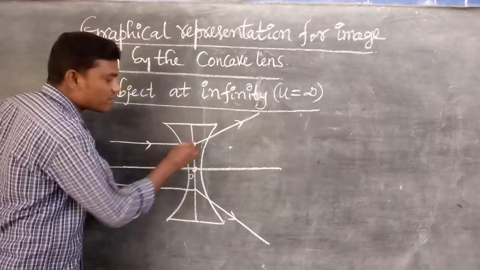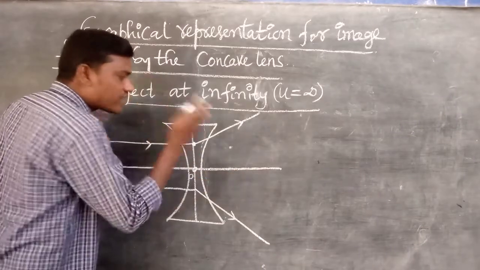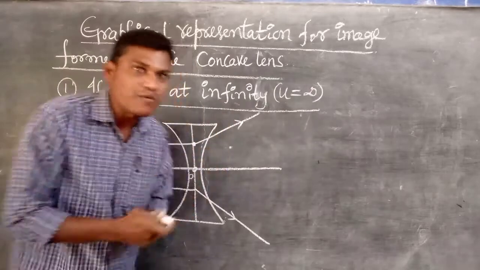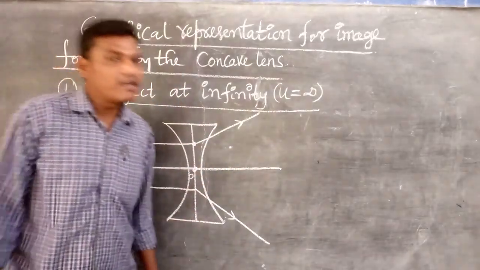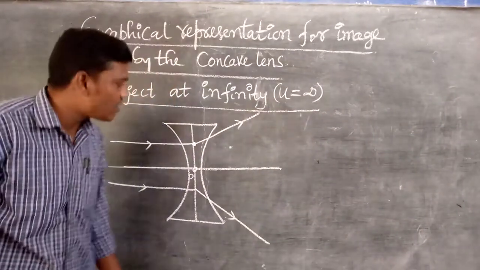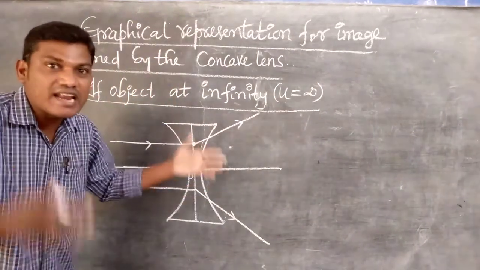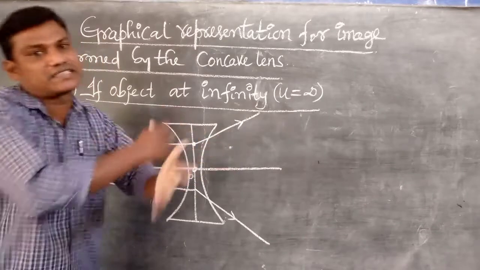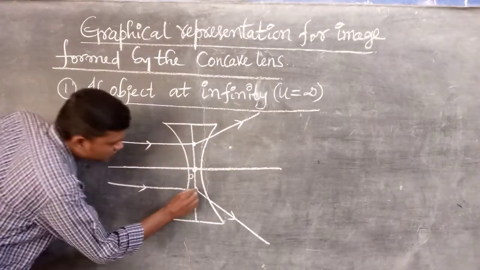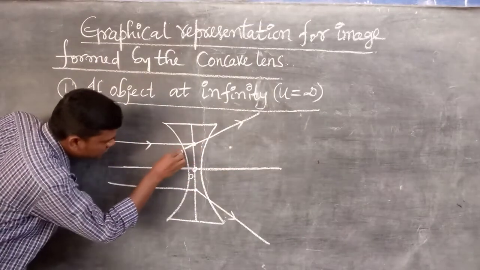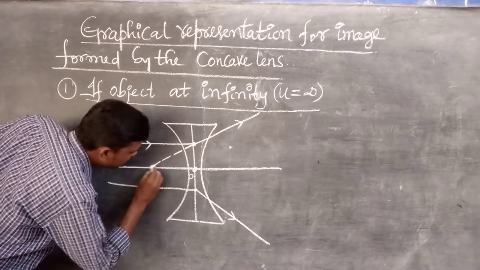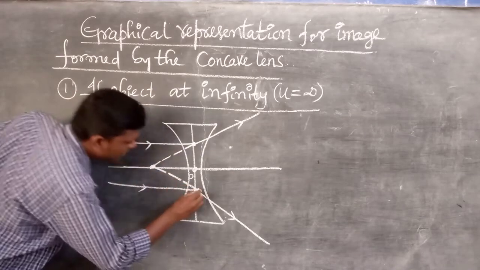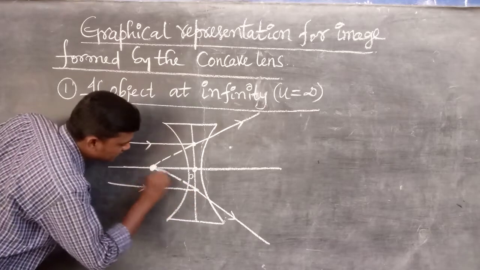So concave lens does not form a real image, because after the refraction the rays never really meet. Now this first refracted ray you extend backward, and the second refracted ray is also extended backward. These two rays meet at this point.